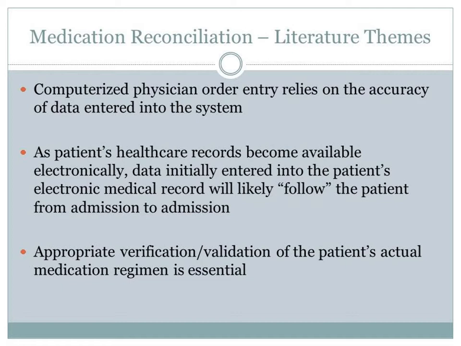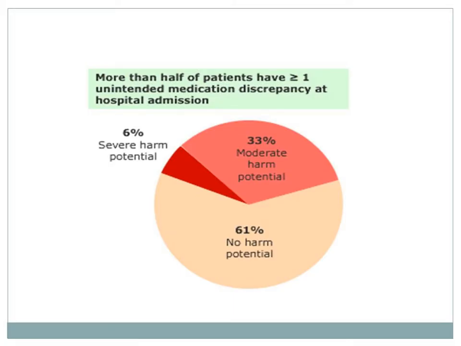And when these medication reconciliation forms are validated and verified, hopefully events in the future will be prevented. So here's a little graphic that shows you about errors that can occur when there's not proper medication reconciliation in effect. And if it's not done properly, 6% of patients can actually have severe harm incurred.